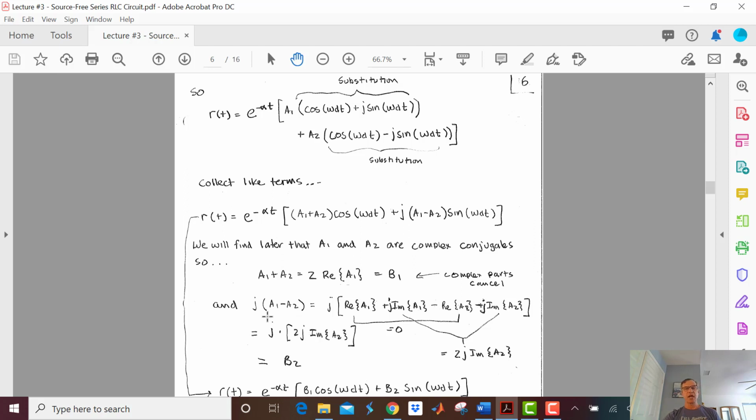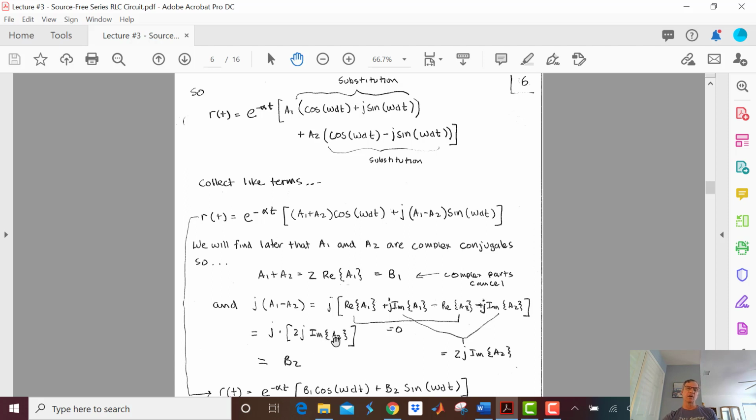So j times A1 minus A2 is going to be j times 2j times imaginary A2. And I'm going to say, looks like a real constant to me, because I see j squared, that's going to be a minus 1. But by now, I'm not interested in signs anymore.